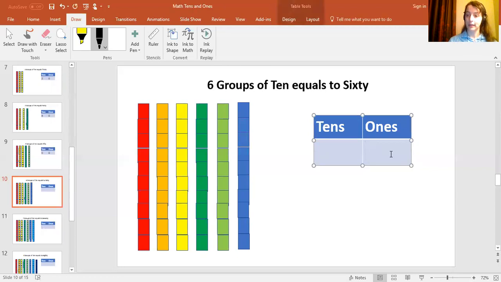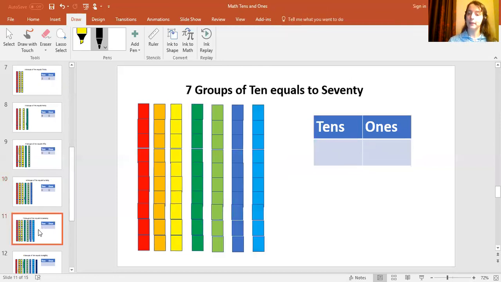We know our ones place will be 0 because we have none left over, and then 6 tens. And then same for the next one. 1, 2, 3, 4, 5, 6, 7. So that would be 70. Ones place is 0. Tens place, 7 groups of 10.